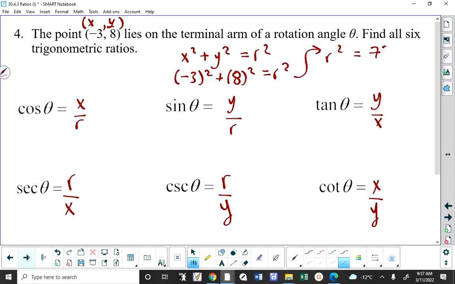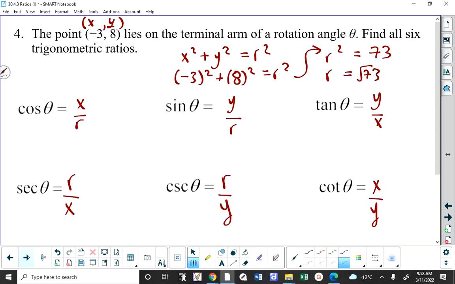I think, but I need help with the calculation or confirmation, that when you square negative 3 and then add the square of 8, you get 73. Because negative 3 squared is positive 9, plus the 64. That means r is root 73.